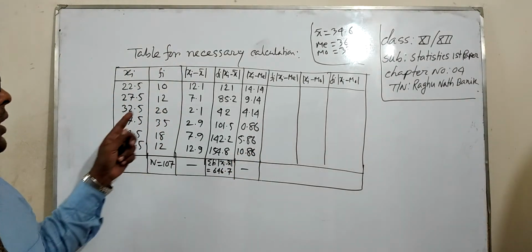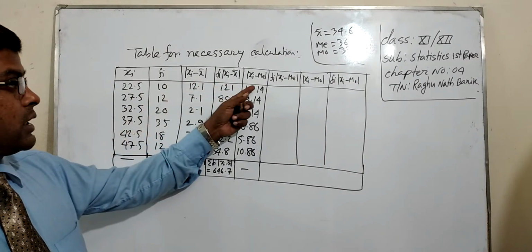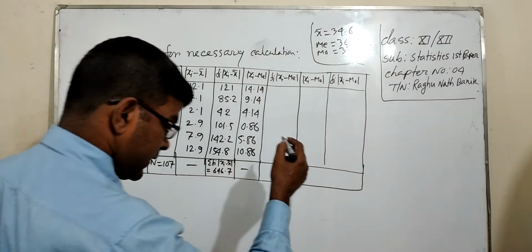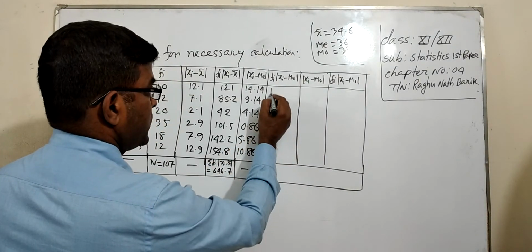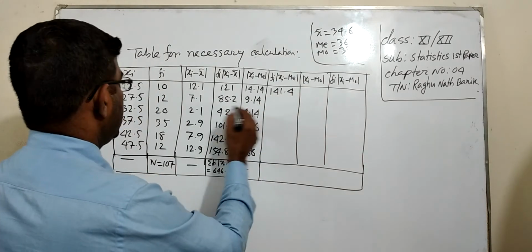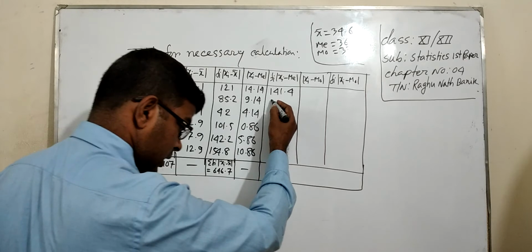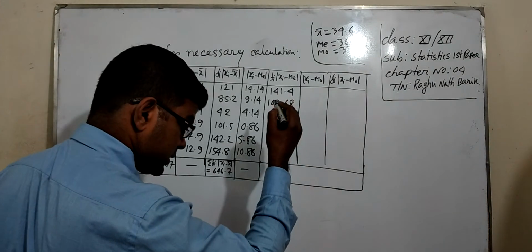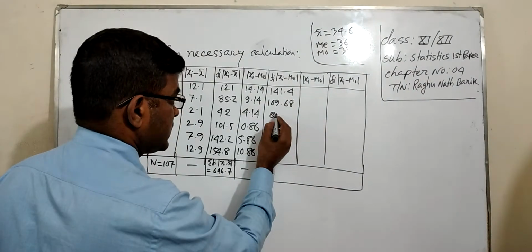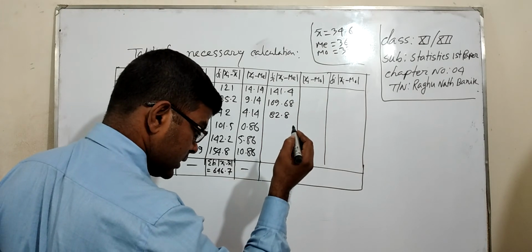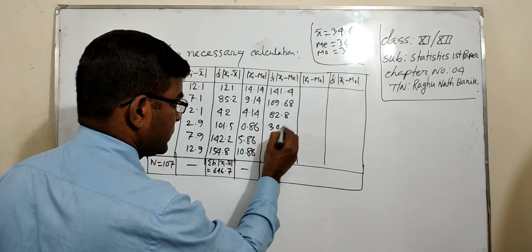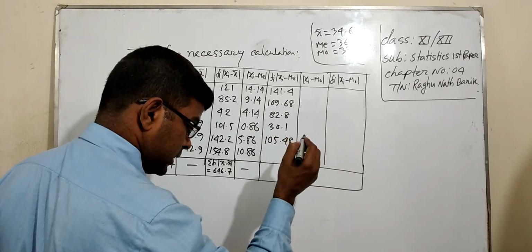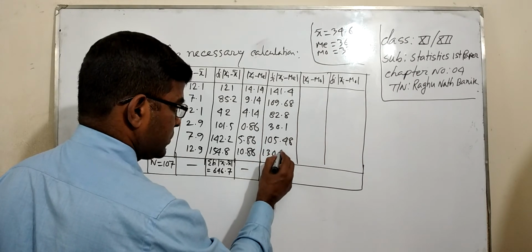Now multiply Fi and modulus of Xi minus median. The values are 141.4, next 109.68, next 82.8, next 30.1, next 105.48, next 130.32.